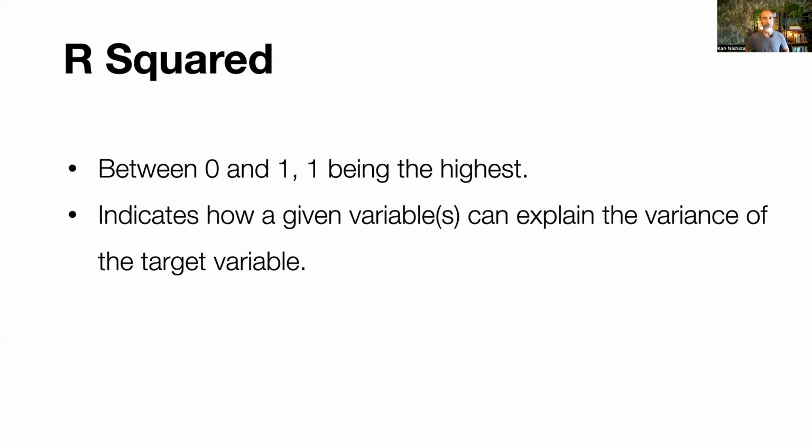It ranges between 0 and 1, and 1 is the highest. Basically 1 means the data is perfectly correlated between the target variable and the predictor variables. What that means is it indicates how well a given variable can explain the variance of the target variable.